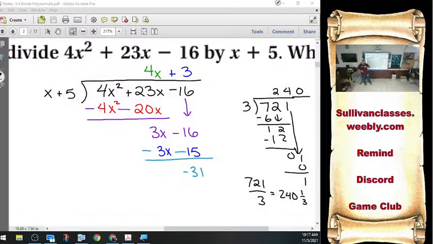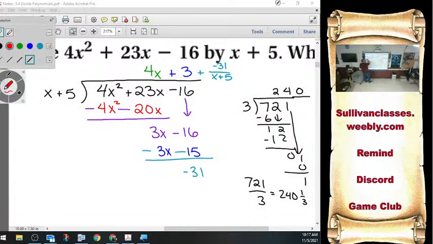So I do the same thing with polynomials. At the end of this, I'm going to say plus a negative 31 over x plus 5. Now you don't have to say plus a negative 31. In fact, that's considered slightly improper.